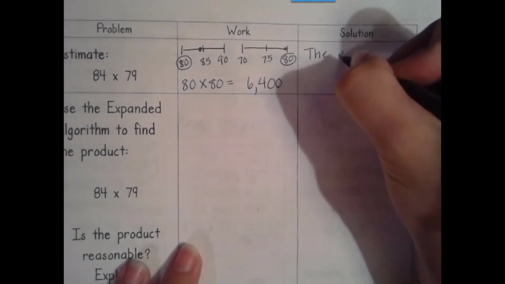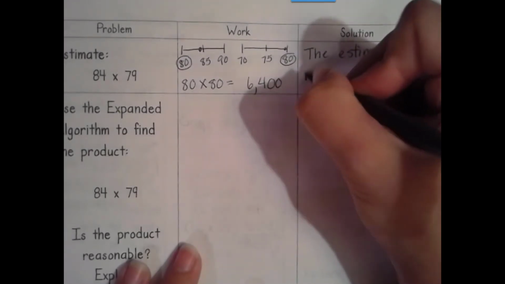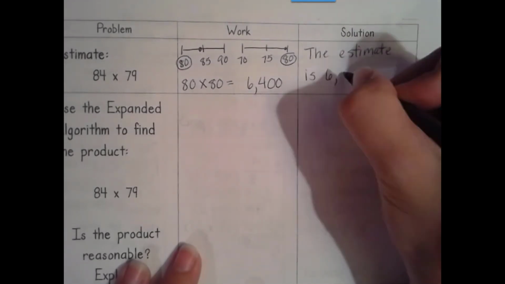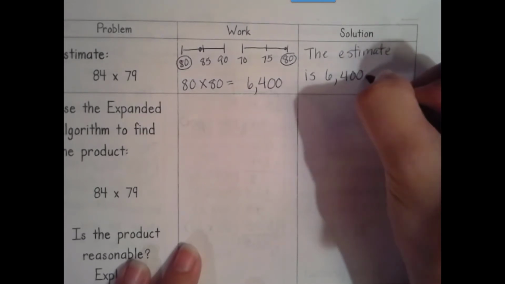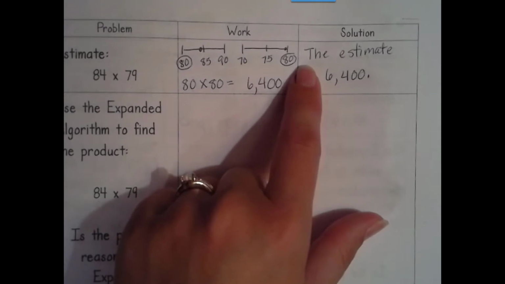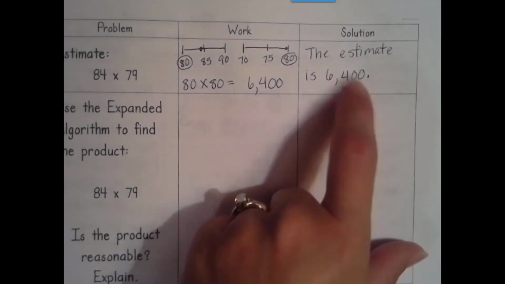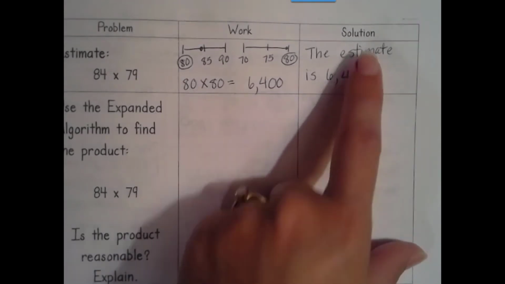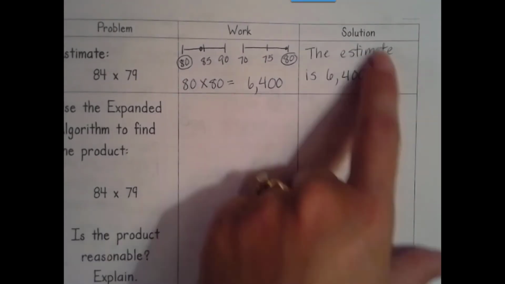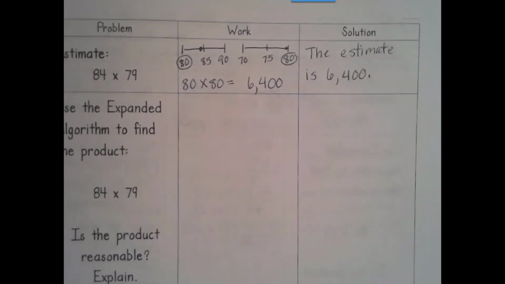The estimate is 6,400. Remember, this is a complete sentence. You need to always capitalize the first word and put your punctuation. Subject is estimate. Verb is. This is a complete sentence, so please treat it as such.